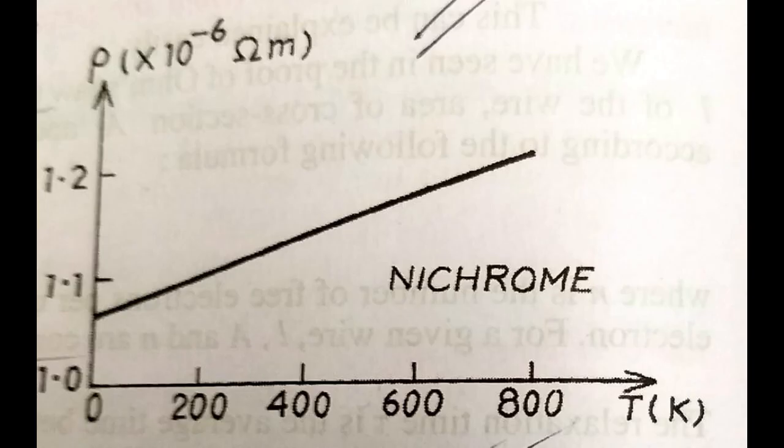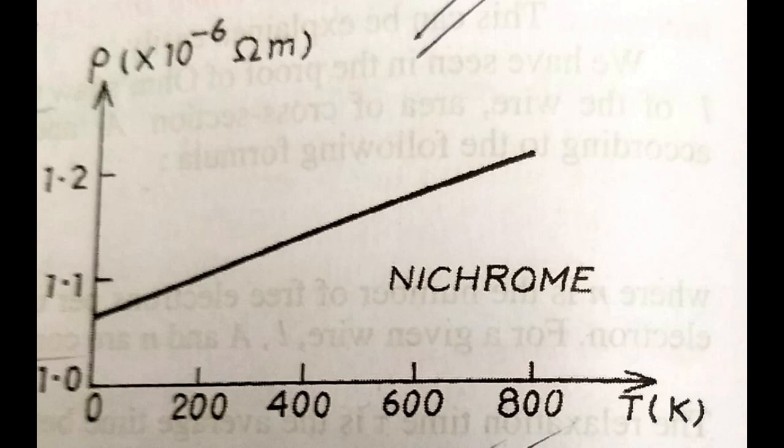Here is the variation of resistivity with respect to temperature. As you can see in the graph, we have plotted the temperature on the Kelvin scale, and the resistivity is in the order of 10 to the power minus 6. We have taken an alloy, nichrome, and we can see that in the case of nichrome the increase in resistivity with temperature is not very sharp.